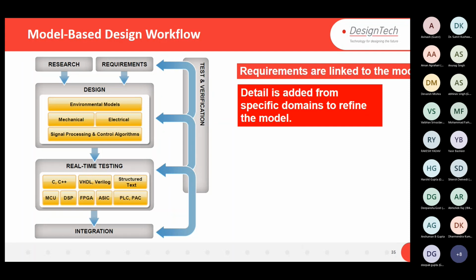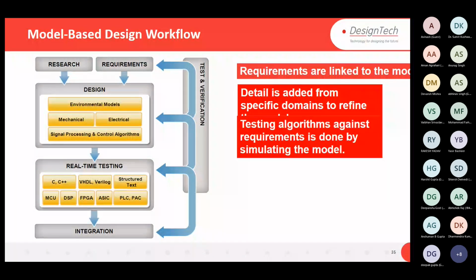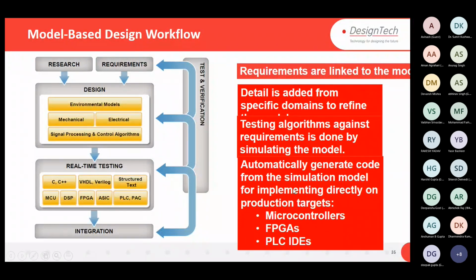This is called SIL. So there are four terms: MIL, model in the loop; SIL, software in the loop; HIL, hardware in the loop. So we can verify our system in different conditions. Once you are satisfied, code generation is also possible here, so there is no need to write 1,000 lines of code. During your process you are going to use model based design, because every time the model is the center part of your development. So this is model based design.